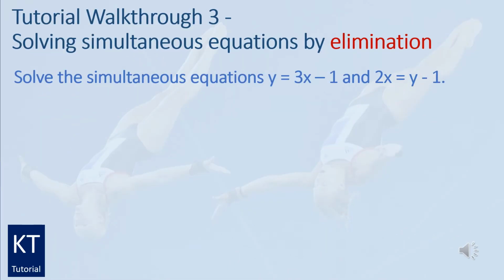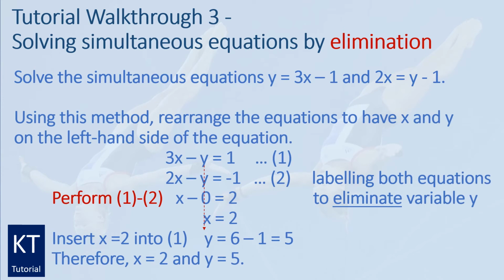In tutorial walkthrough 3, we're going to look at solving the same set of simultaneous equations, this time by elimination. Using the method of elimination, it is good practice to rearrange the equations to have x and y on the left-hand side of the equation.